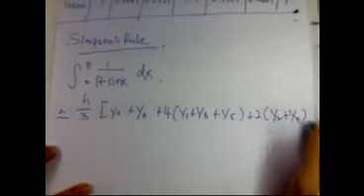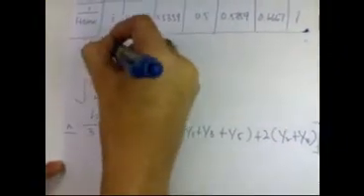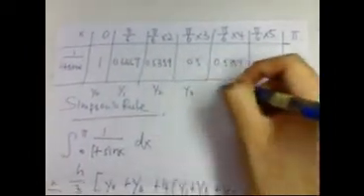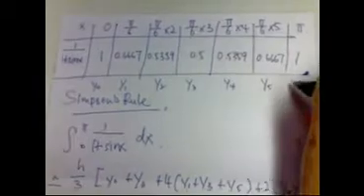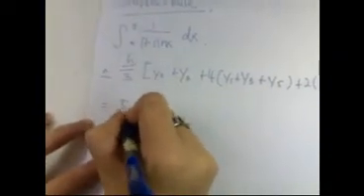And from here, this is our y0, y1, y2, y3, y4, y5, and y6. Now we can simply sub the values inside. The h we found is pi over 6 divided by 3.